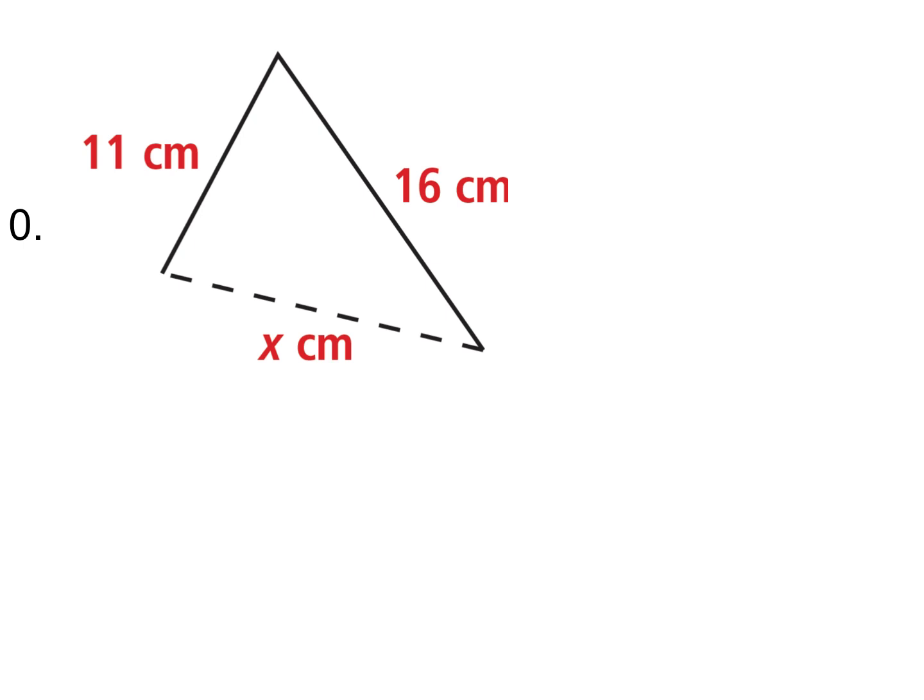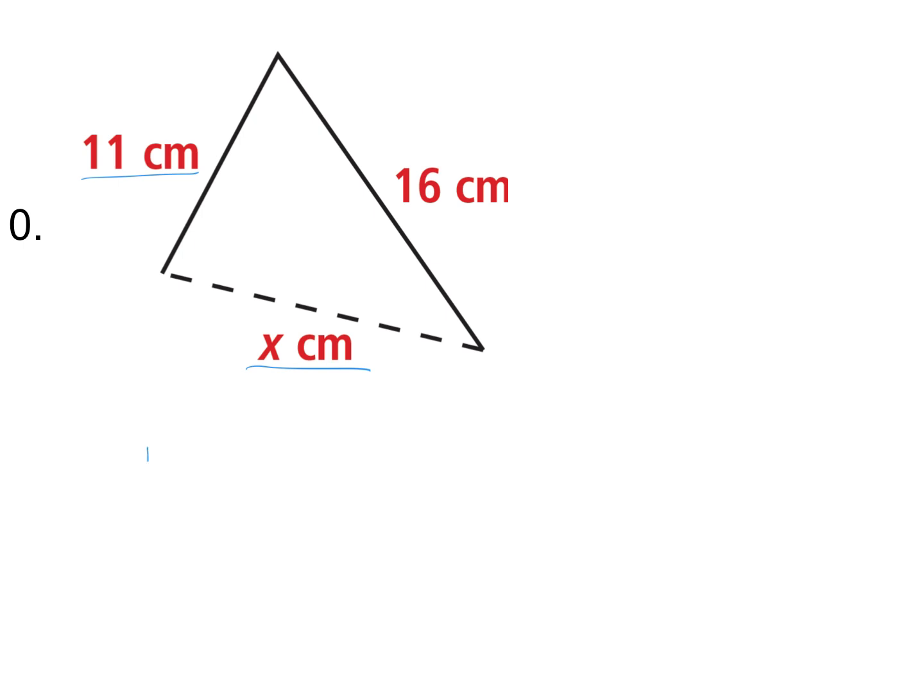How do you think we can figure out what x is? What do we know x has to be? Greater than. That has to add to 11. It's gotta be greater than 6 or greater than 5. How do you know 5? Well, because 11 plus 5 is 16. Right, so these two sides, what do those two sides have to be greater than? 16.